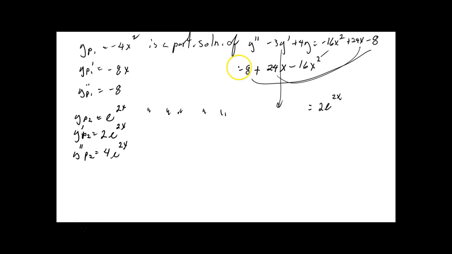So if you plug those in to the same equation, that would be 4e to the 2x minus 3 times 2 is minus 6e to the 2x plus 4 times that is plus 4e to the 2x. Sure enough, 4 and 4 is 8 minus 2 is 6. That's equal to e to the 2x.